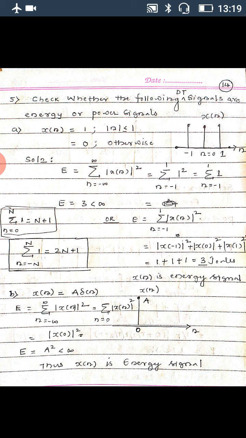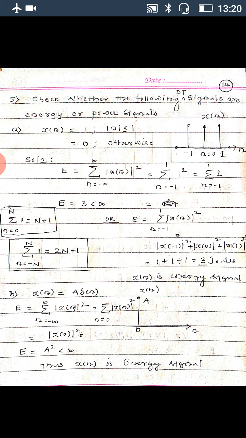x of n square means 1 square, so the summation from n equal to minus 1 to 1 of 1. There is one standard formula: whenever the limits of the summation vary from minus N to N, the summation of 1 is equal to 2 times capital N plus 1.